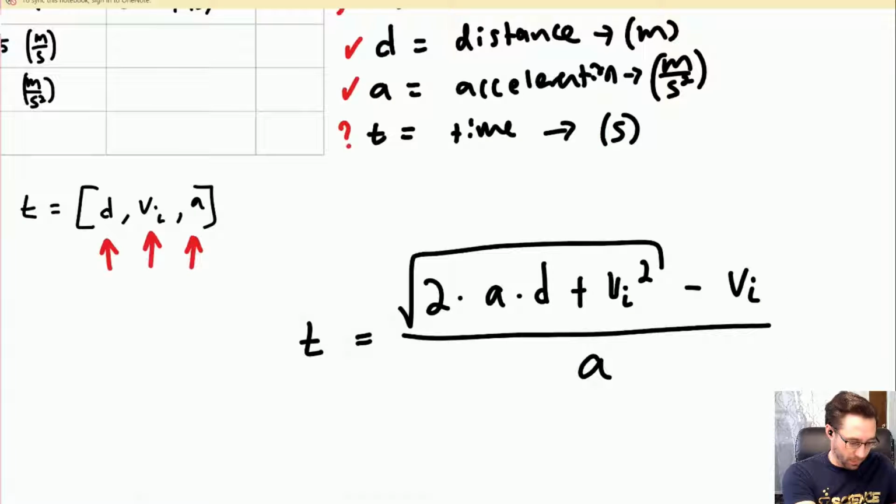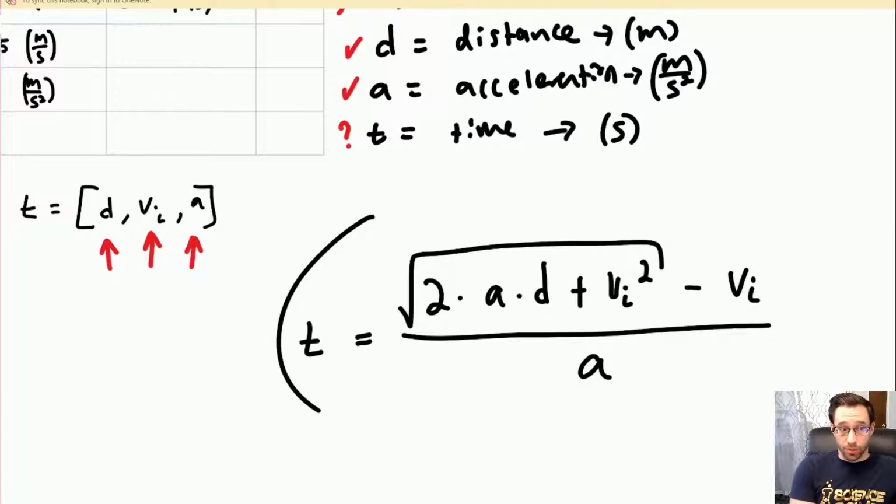Yep. Cool. All right. Everybody understands how I got that this is the actual equation that we're using. Is there any confusion about that? Okay.